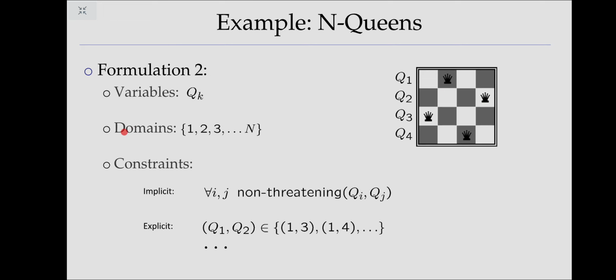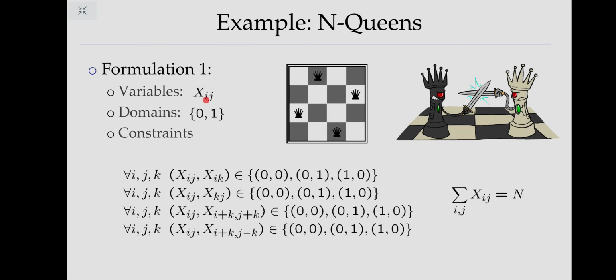As you see, the dimension of such variables is 1 to n, different from the previous one. Compare with it. In the previous, I presented a bidimensional variable and the domain contains 0 and 1.